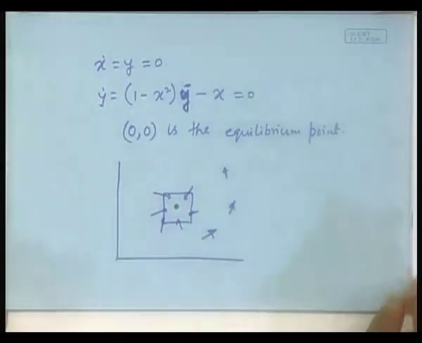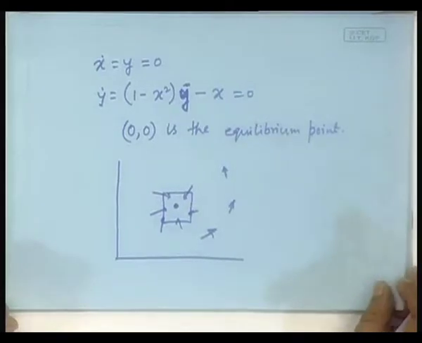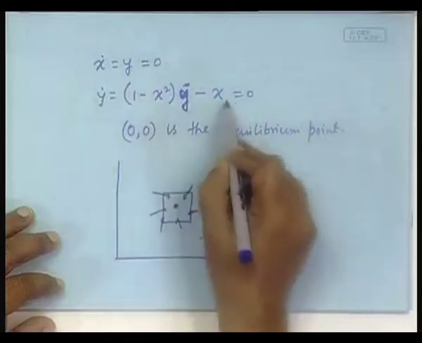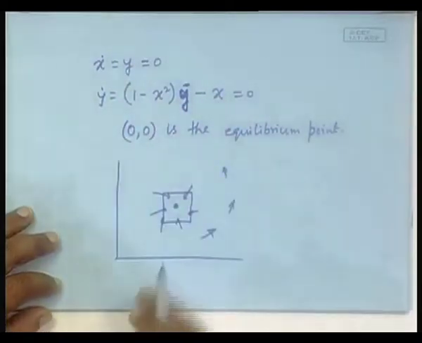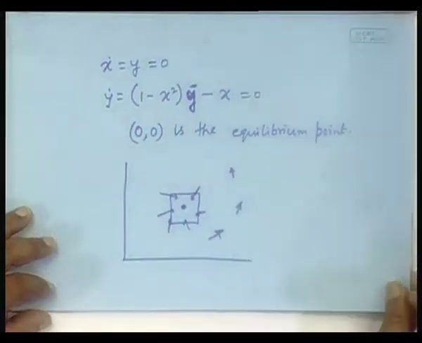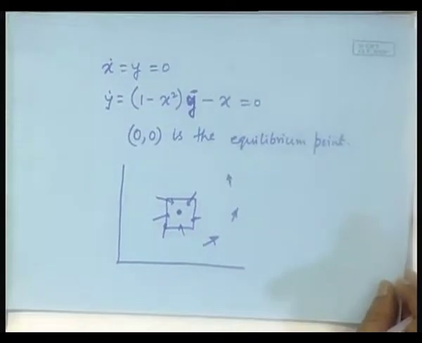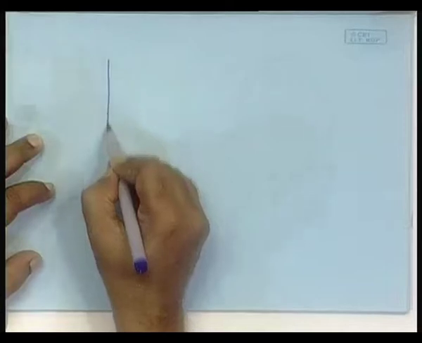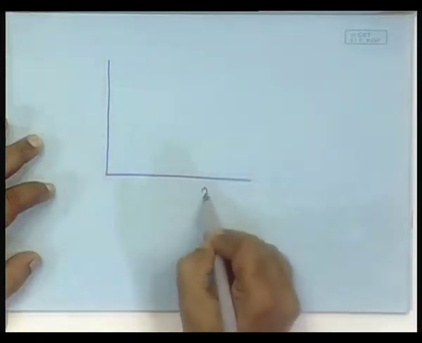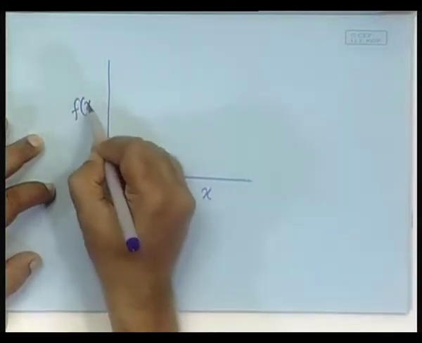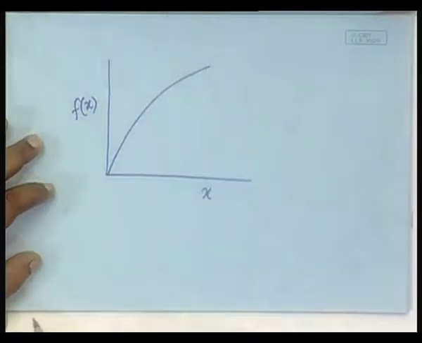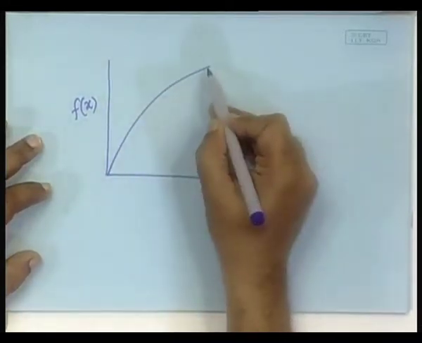So, how to do that? How do you linearize a nonlinear function? This side is nonlinear, I can see that. Now, if you have a function something like this, say x and f x, it is a nonlinear function.